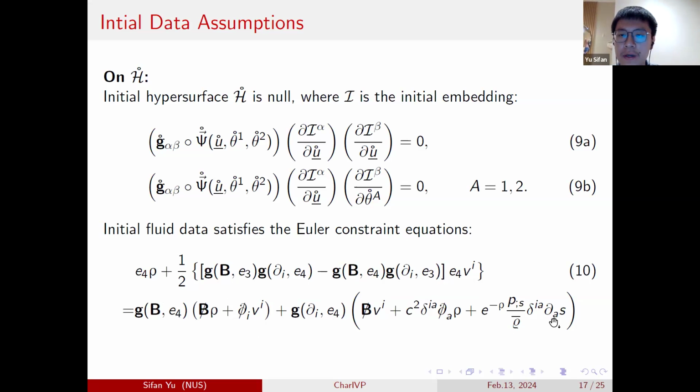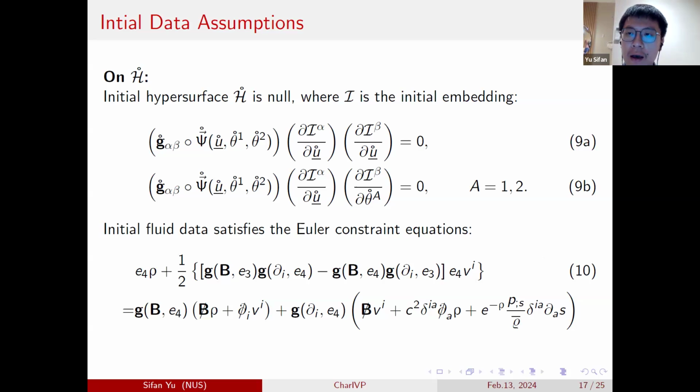And for the last term, you can actually write it in terms of tangential derivatives as well, because the material derivative B acting on entropy S is 0. So these are the initial data assumptions.